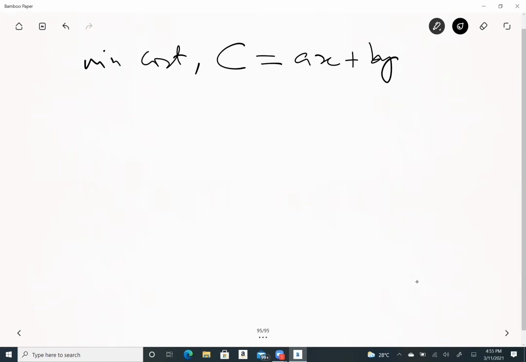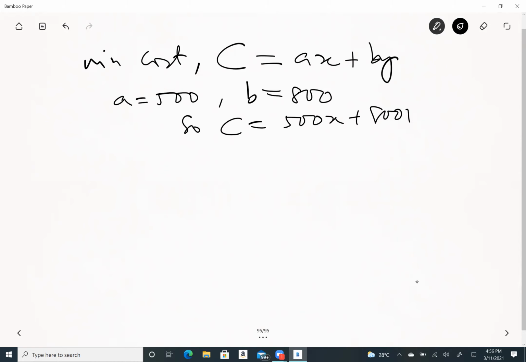A is 500, cost per unit for x. So you know A is 500, B is 800. So that's our cost. So cost is equal to 500x plus 800y.